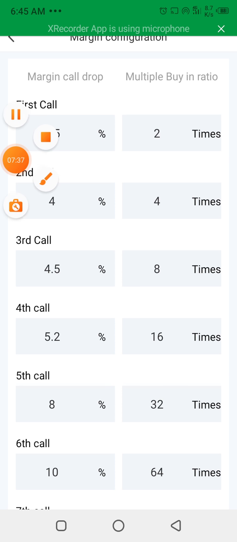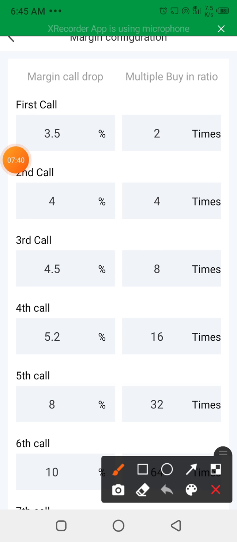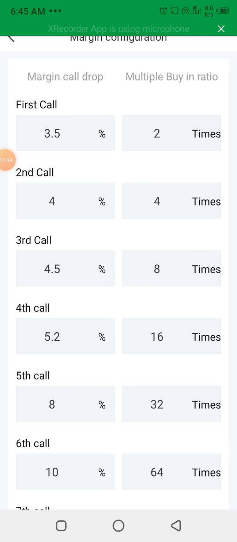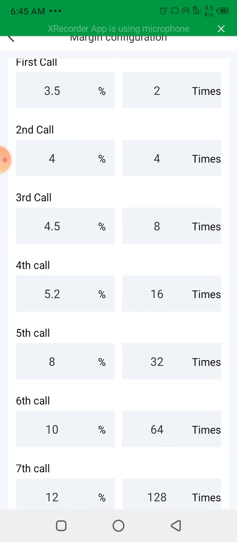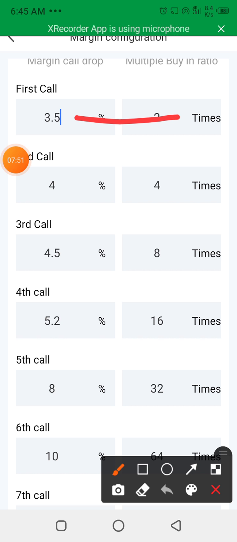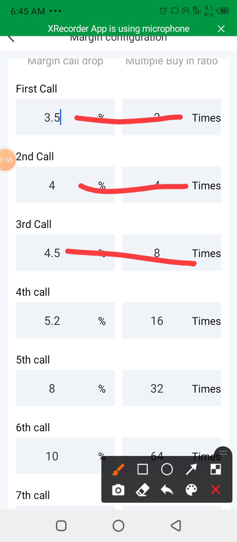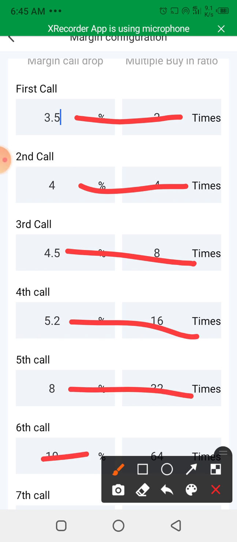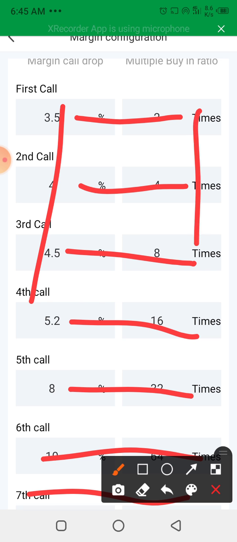Now in this margin call, we have 7 rows, 1, 2, 3, 4, 5, 6, and 7, and 2 columns, 1 and 2.